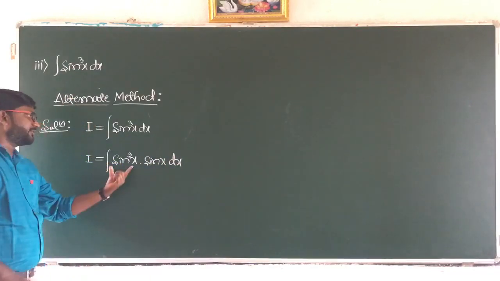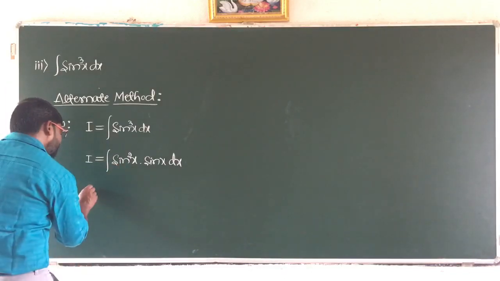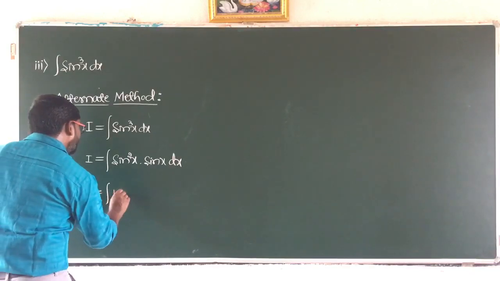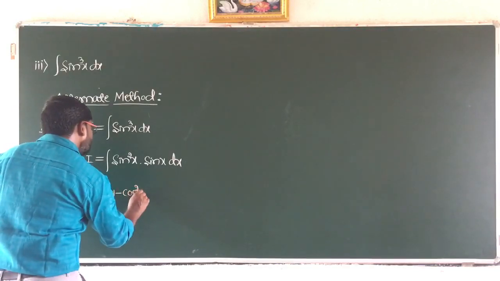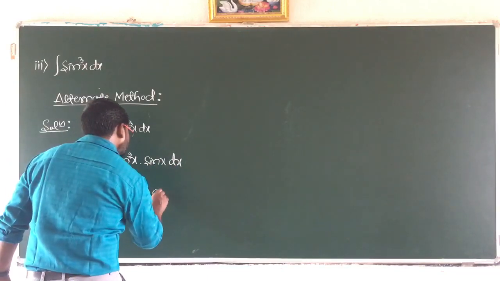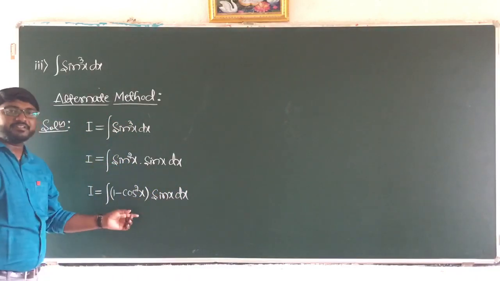So what is sin square x now? From the basic identity of trigonometry, it is 1 minus cos square x. I which is equals to integral 1 minus cos square x, then write this as it is sin x dx.